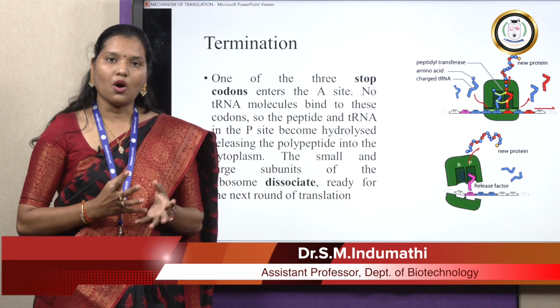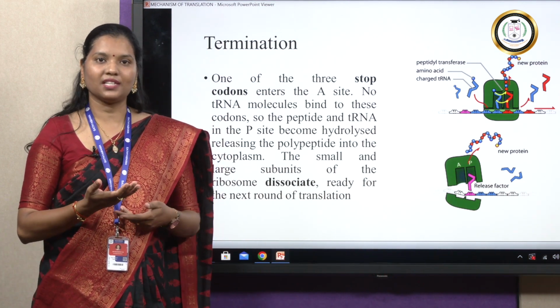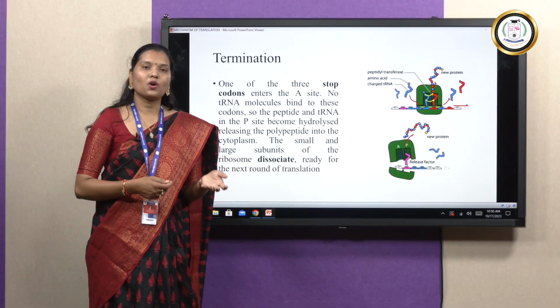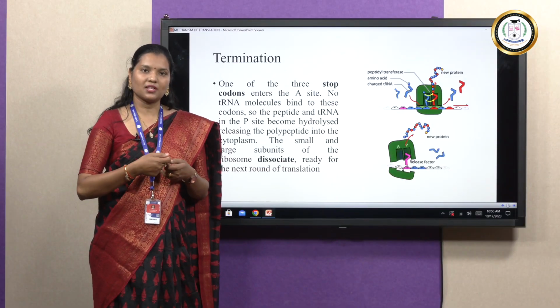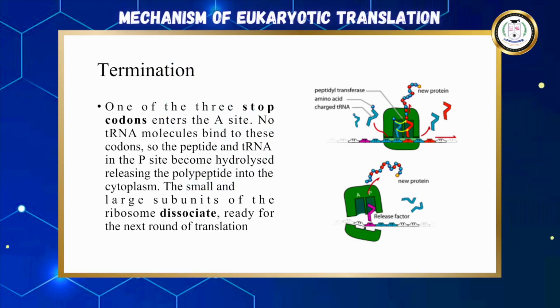The ribosomal complex then dissociates to form the 60S and 40S subunits again. Through this process, the mRNA which was stuck in the complex will also get released, and this marks the end of translation termination.